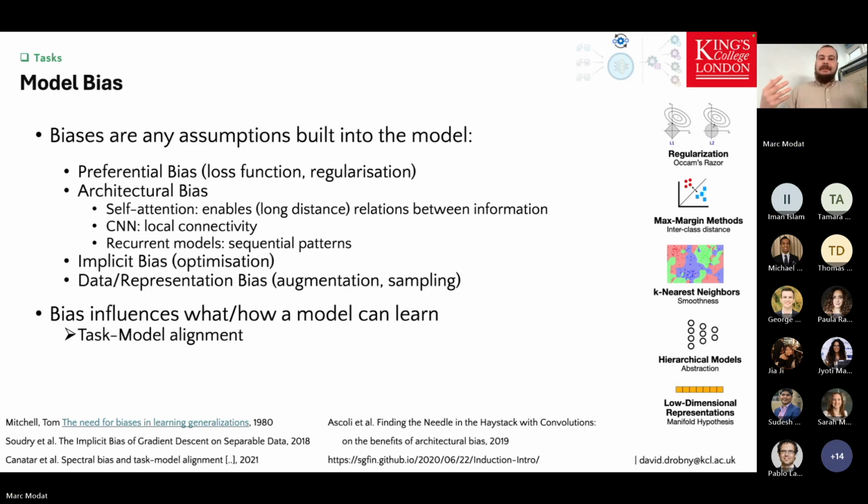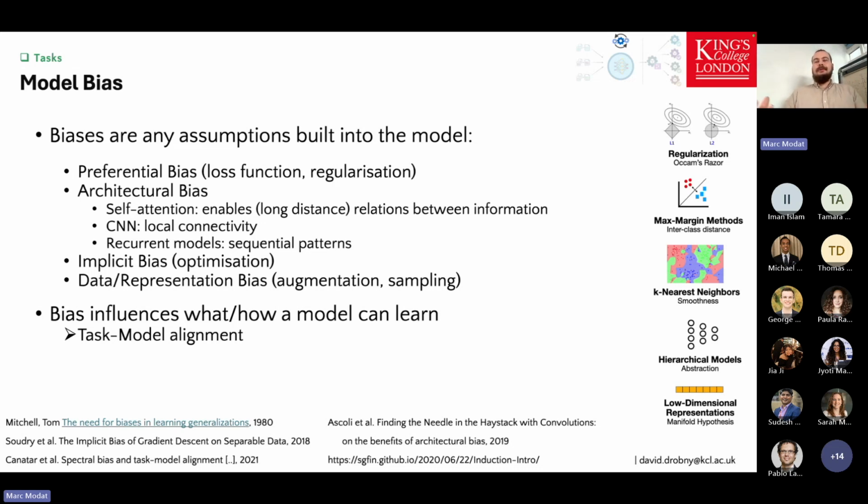So, as I said, bias influences how our model behaves. And here, a concept that has been mentioned more recently in papers is task-model alignment. We need to keep in mind that the way we build our model has to be in line with our task, and we see transfer capabilities of varying quality depending on what our model and what our task is.